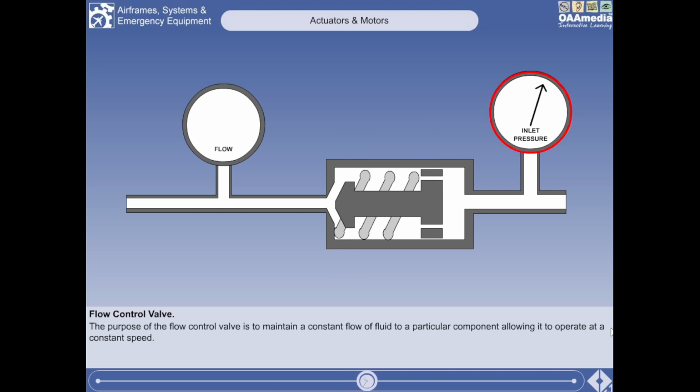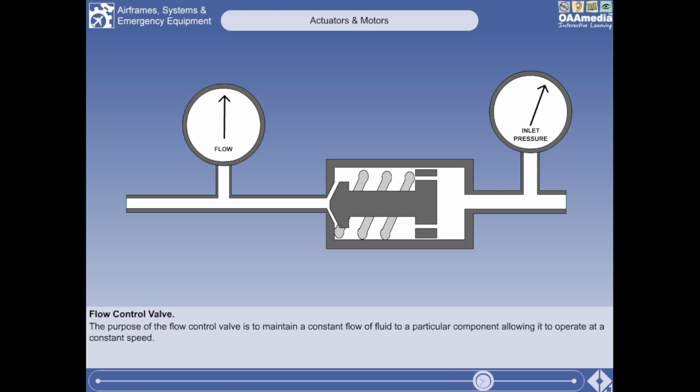If the inlet pressure increases, then the flow rate through the valve will tend to increase. However, the increased pressure will be felt on the piston, which will move the valve towards closed, thus reducing the flow rate.